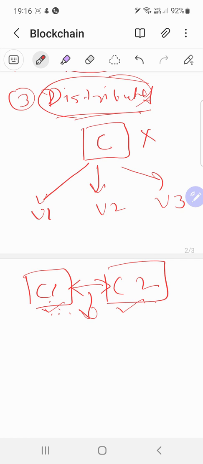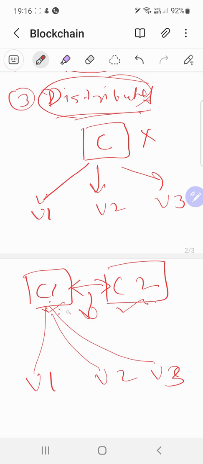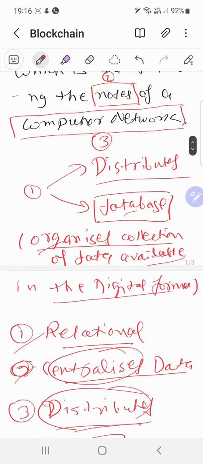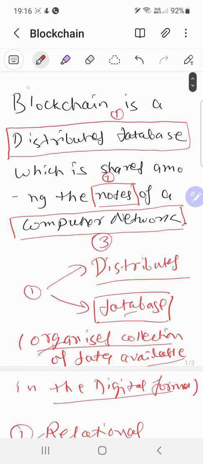Then user 1, user 2, and user 3 can get access to both of these databases. So here we are talking about a distributed database. That is what we mean when we say blockchain is a distributed database. So you must have got a very broad level understanding of what blockchain is.